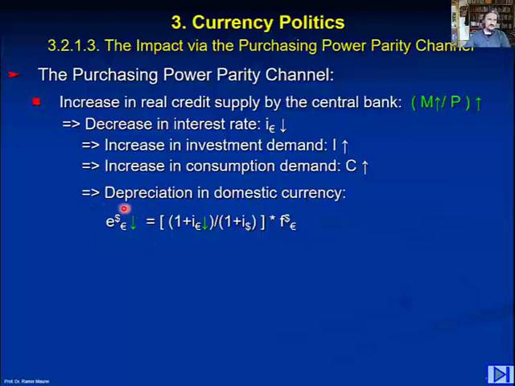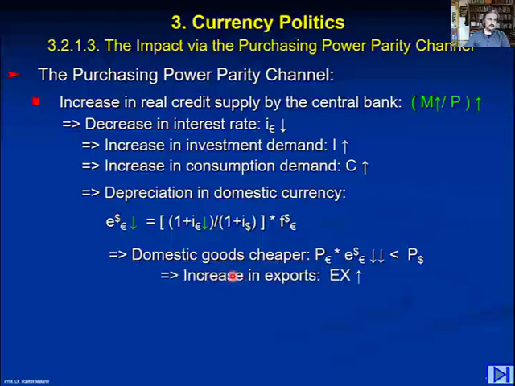Now, this has an impact, as we know, on export and import demand. Since domestic goods get cheaper at first, we will have an increase in exports. People from foreign countries will demand domestic goods because they are cheaper now. So the export demand increases.